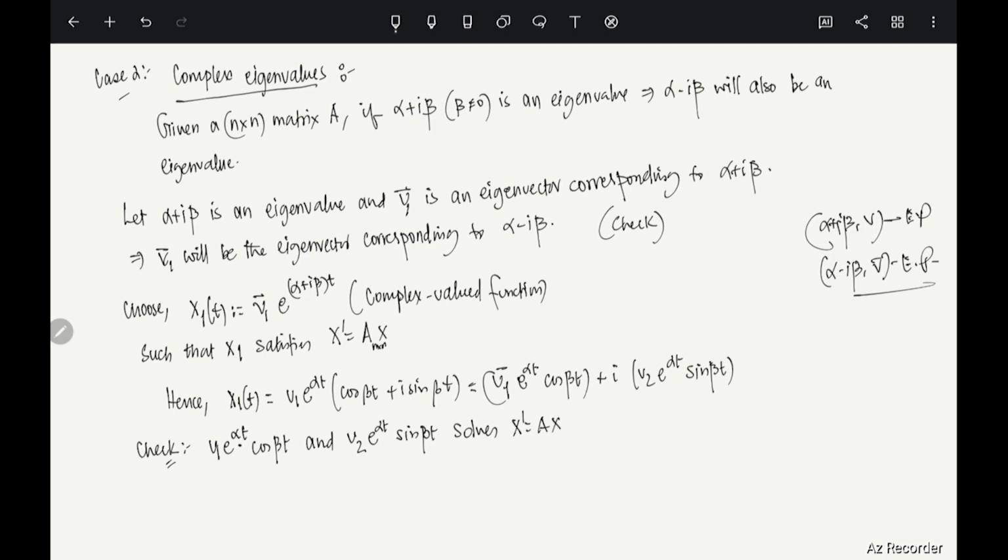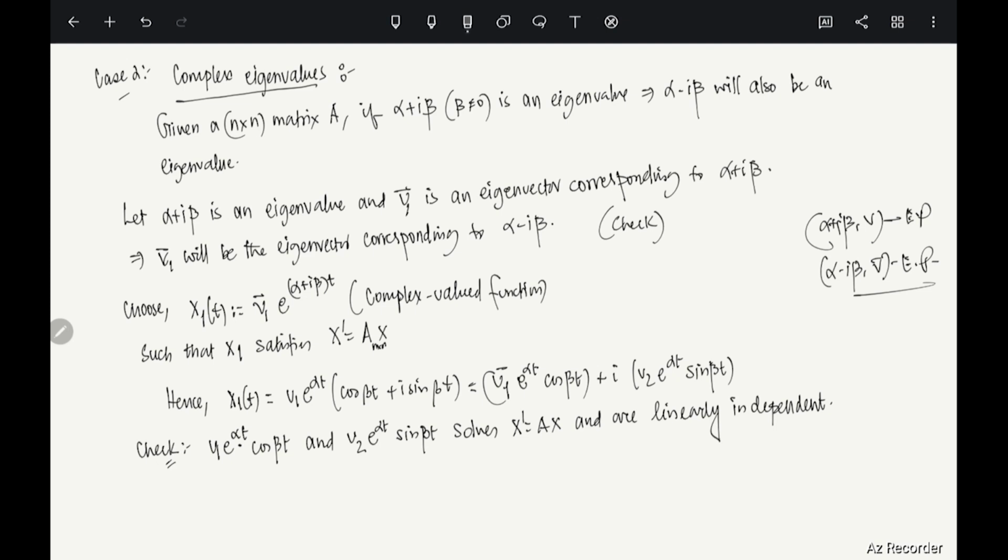Basically, if a function at plus i bt solves the linear equation x prime equals Ax, then at and bt individually solve the equation. They are real valued functions and they solve the equation, and are linearly independent. I hope this is not a very difficult thing for you to check. So please check this part.